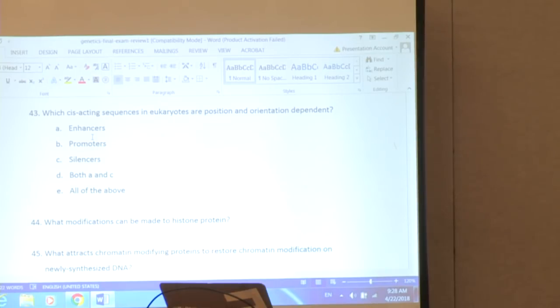Yeah, it's written over here, orientation position dependent promoters. Cool. Thank you for bringing that up. So apparently I was wrong again, and promoters are indeed position orientation dependent. So it's B and C. It would be B and C in this case.